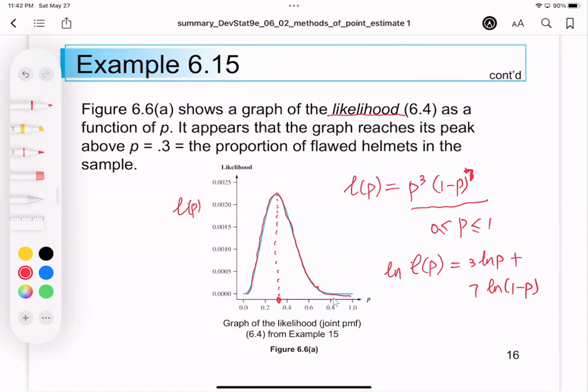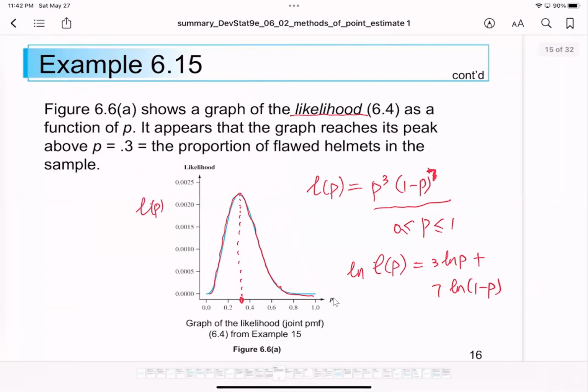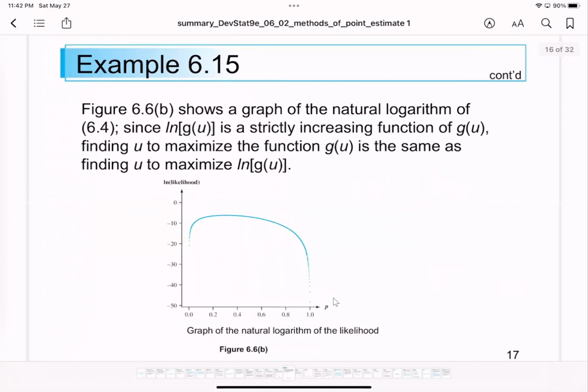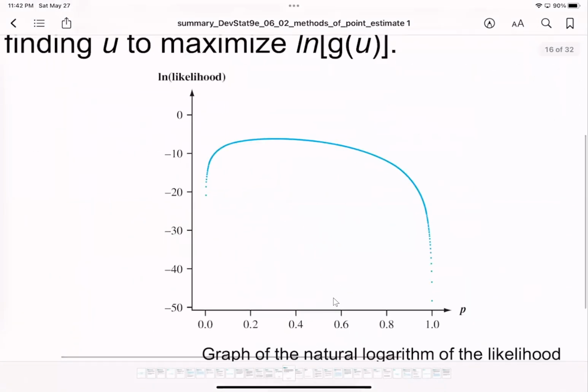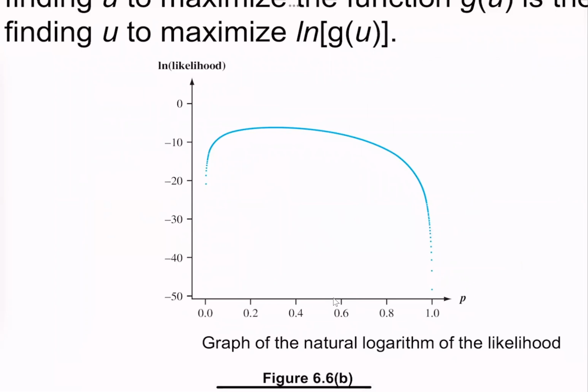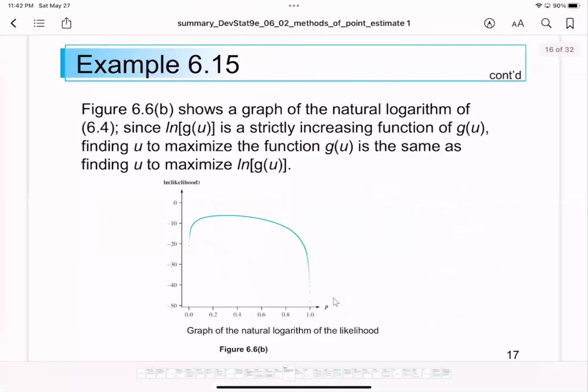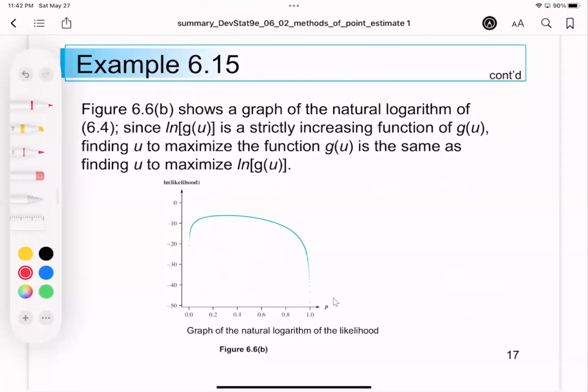The function itself, in picture, may not look as beautiful, but this is the log of the function. So for this log function, the maximum still happens around the same place as the original probability. But this function is easier to work with and maximize.